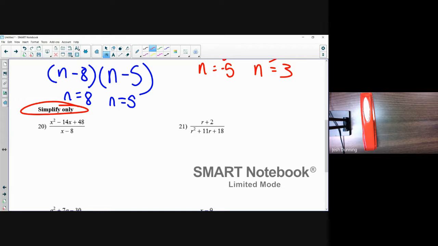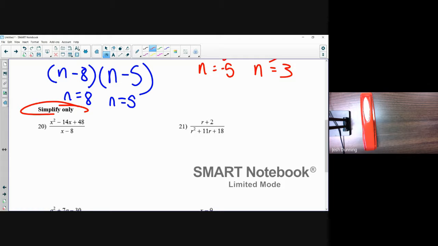So when you've got polynomials like on 20, you can't do that because you've got all these pluses and minuses. Pluses and minuses don't cancel out multiplication or division. And I mean, I've been harping on this for almost everything we've done this year.